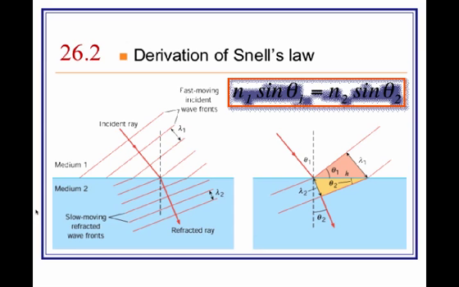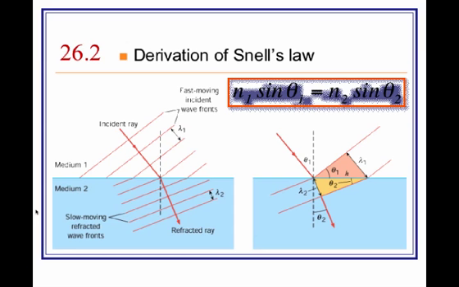As it moves from one medium to the other, the horizontal component of the velocity does not change, but the vertical component does change. This means that the overall wavelength will become shorter or longer, depending on whether it's going from a high index of refraction to a low index of refraction, or the other way around.